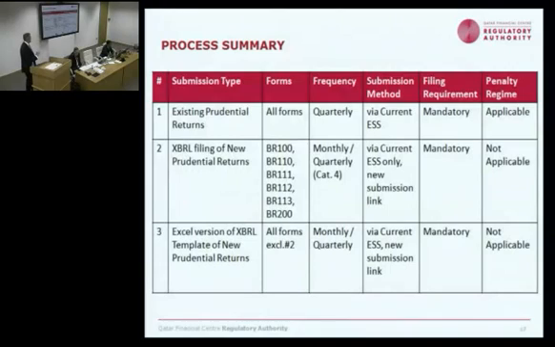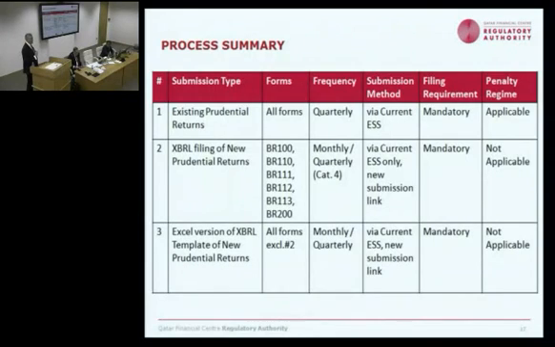Just to summarize the process: existing Prudential returns, all forms, are required quarterly, as you do at the moment. Nothing changes. I guess everybody has already received their reporting schedule from their supervisor. That stays until June, and you will notice the reporting schedule only goes to June.